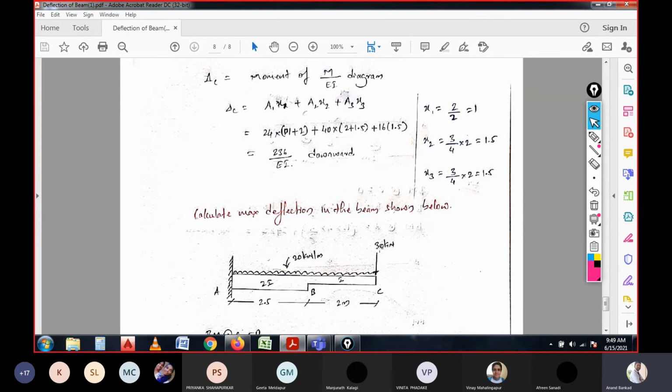The only thing is, the unit load is acting at B in the previous problem, but in this problem the concentrated load is acting at C, right? So I hope you people will try this, and once you get the simplification, you can refer or cross check it, right?